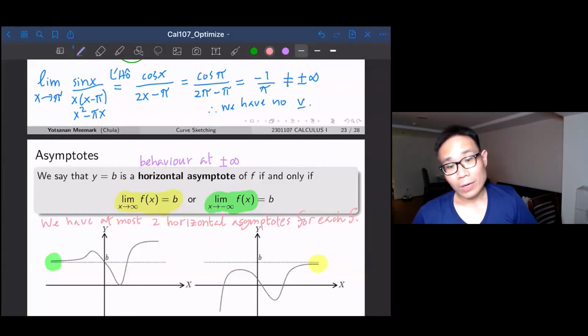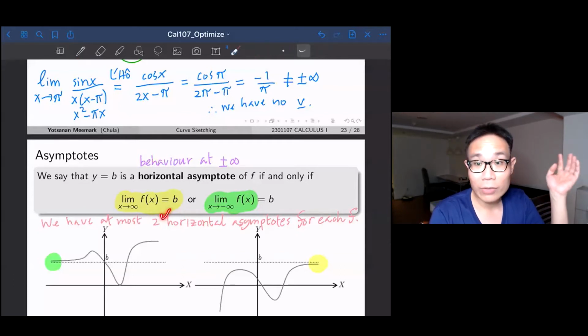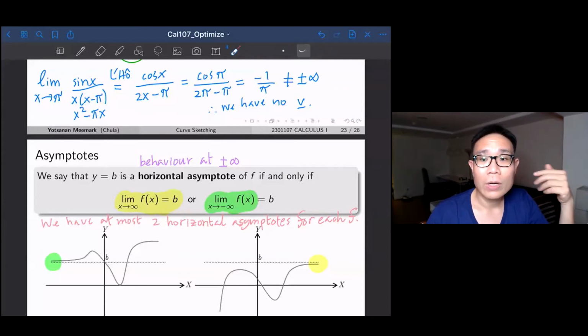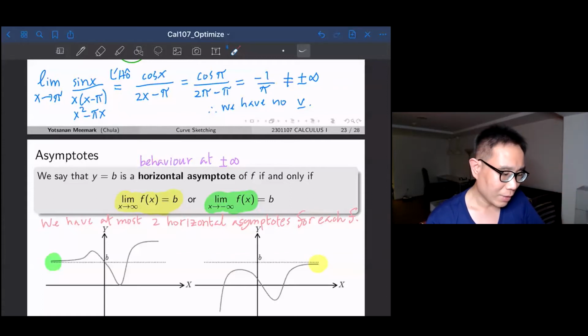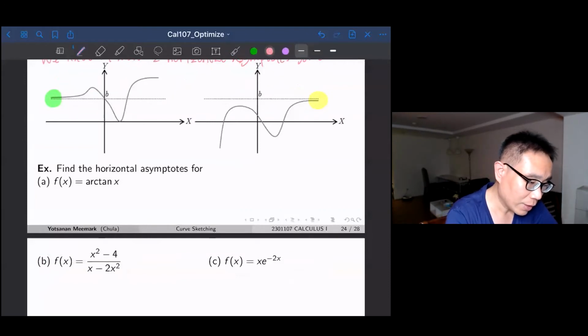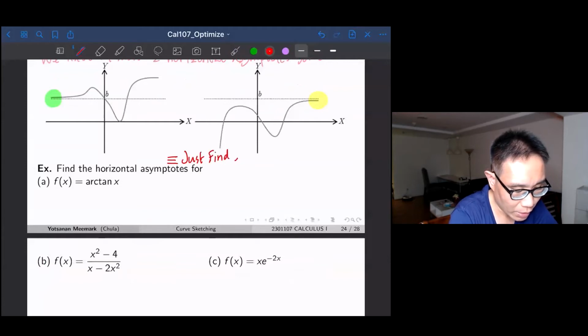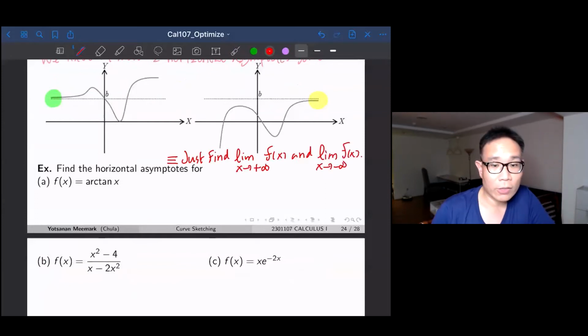Why don't we have more? Because it's just these two limits in order to determine horizontal asymptote. So we're not going to have more than two horizontal asymptotes. So basically, if the question asks you to find horizontal asymptote for the function, it is equivalent to finding the limit as x goes to positive infinity of f(x) and the limit as x goes to negative infinity of f(x) to see if they exist.